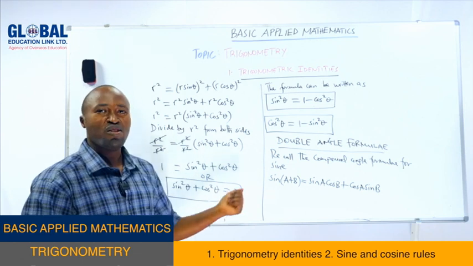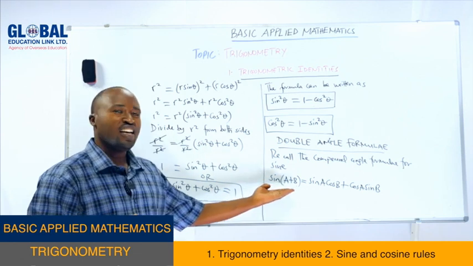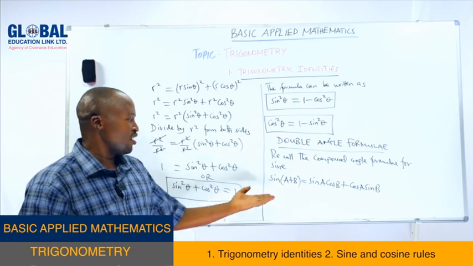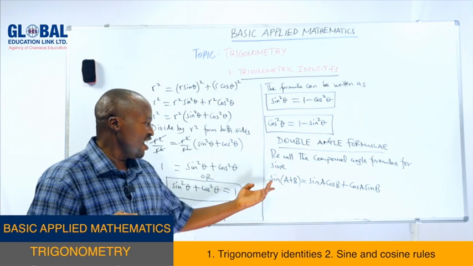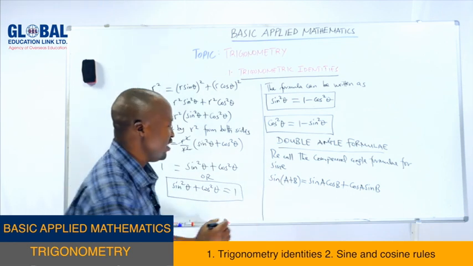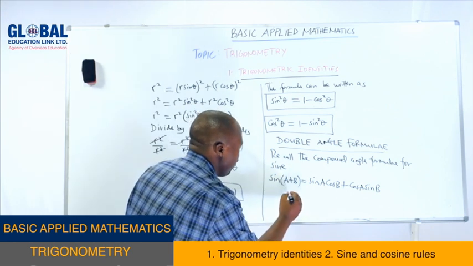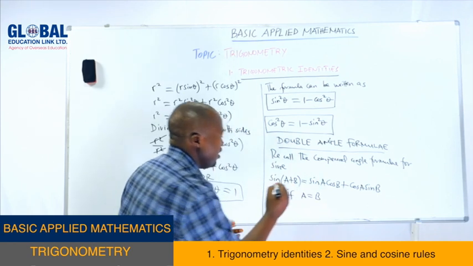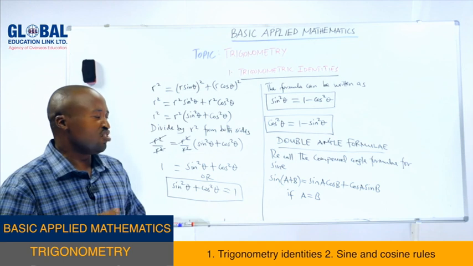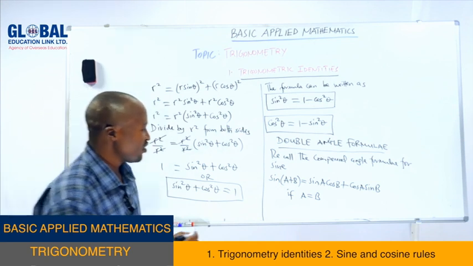When we add two angles, we have angle A and angle B. Now, from this point of view, suppose angle A is equal to B. What will happen?